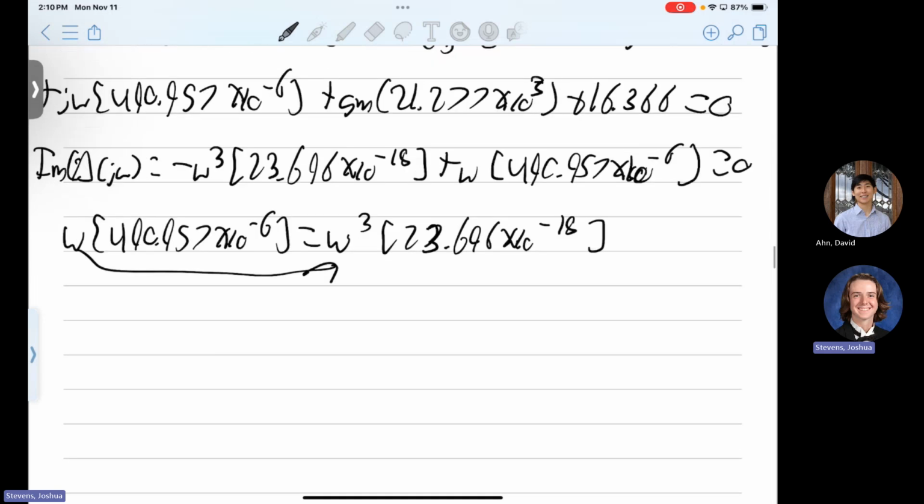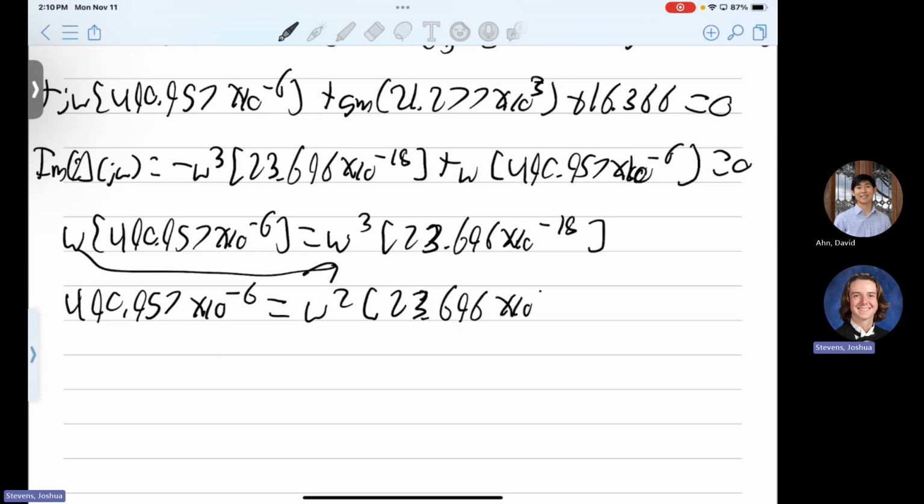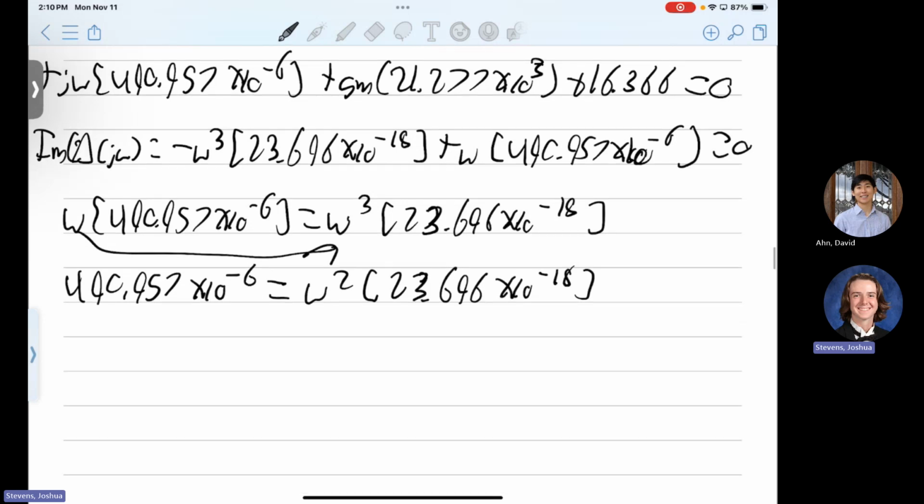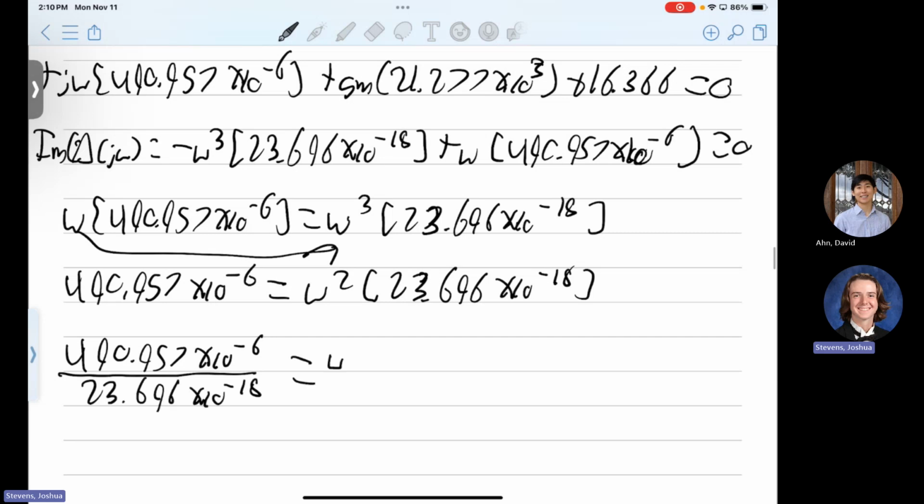And so we'll have 490.957 times 10 to the negative 6th equals omega squared 23.696 times 10 to the negative 18th. Divide that over. We then have 490.957 times 10 to the negative 6th all over 23.696 times 10 to the negative 18th equals omega squared.